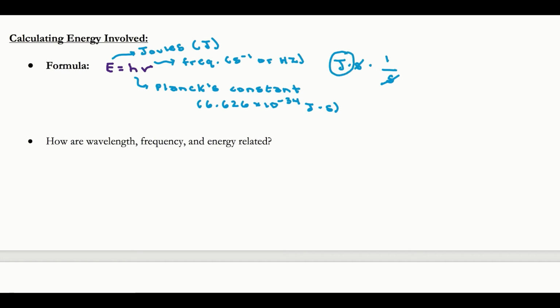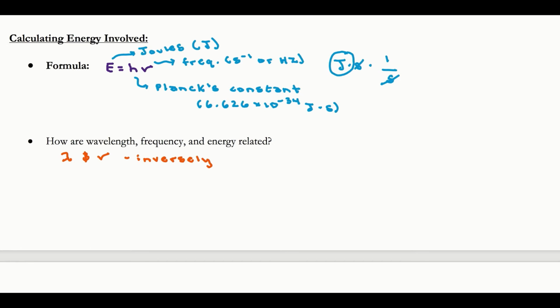Okay. All right, well, how are wavelength, frequency, and energy related? Well, we already know that wavelength and frequency are inversely related. So that begs the question, how are energy and frequency related? Well, if you think about it, if you move a slinky very slowly up and down, it'll create a wave that has a very long wavelength and a low frequency because you're applying very little energy.